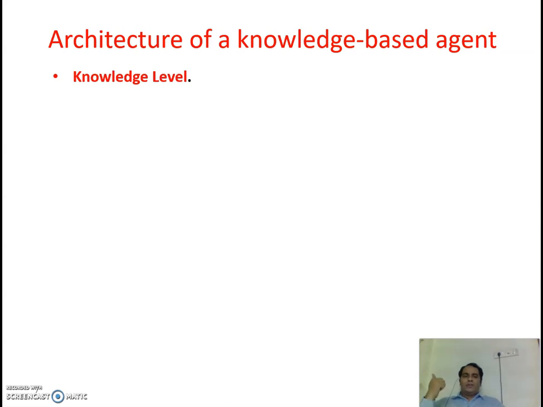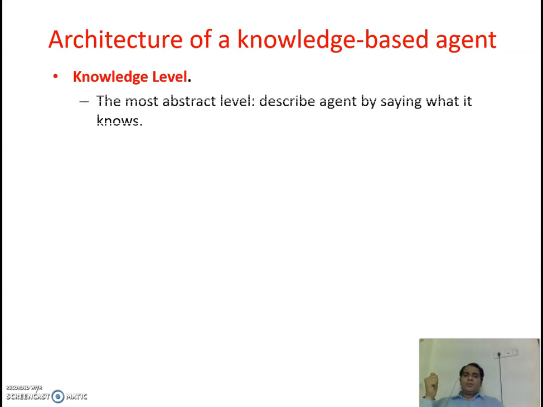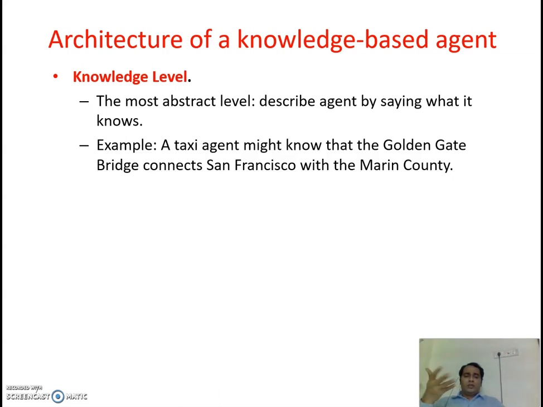One, at knowledge level. Take an example of a taxi driver agent, who knows that Golden Gate Bridge connects San Francisco with the Marin County. Now this is simple information at the knowledge level, the most abstract level. Describe agent by saying what it knows.